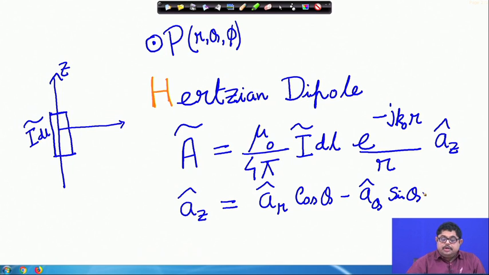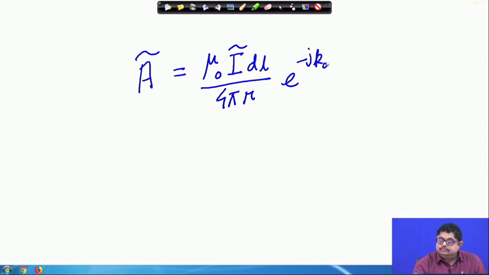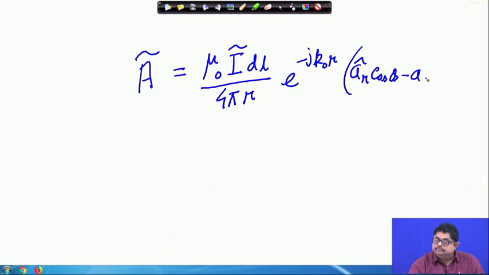So, if we put this, then the phasor A becomes this.